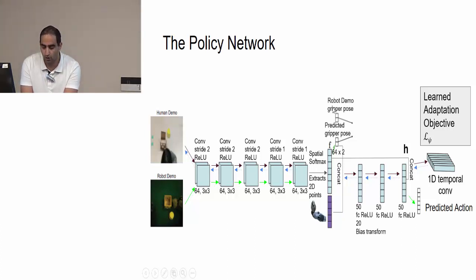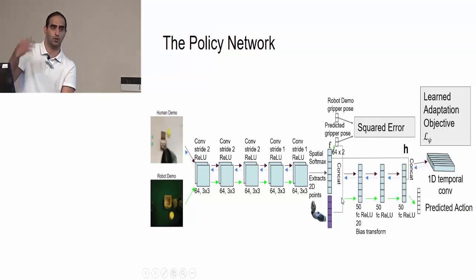And from the demonstration, we know what the robot gripper pose is, so we can easily calculate the squared error for this. Because the actions are more complicated than just the gripper pose, we also use these ReLU and fully connected layers to predict the more complicated actions, which are forces and torques applied to robot joints.